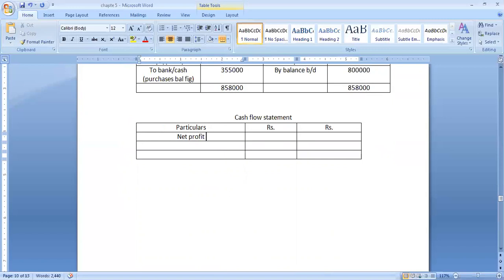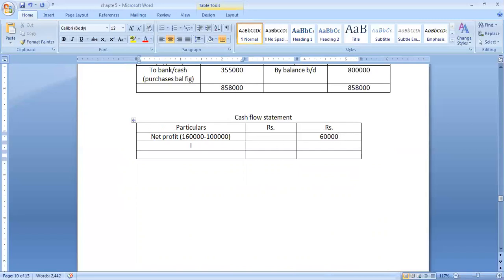So what is the net profit here? Minus it from the value. So it is 1,60,000 minus 1 lakh. So what will be the value? It is 60,000 is the net profit.